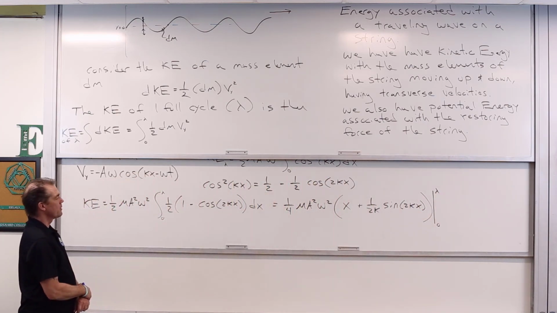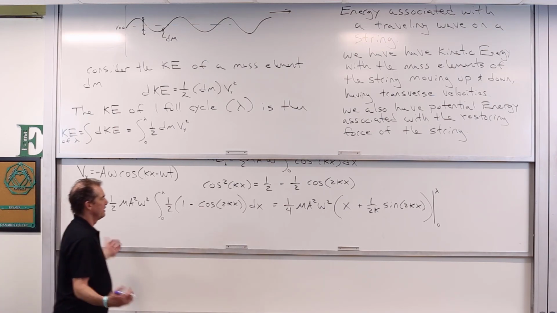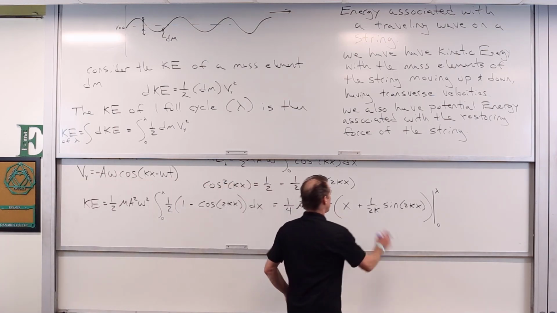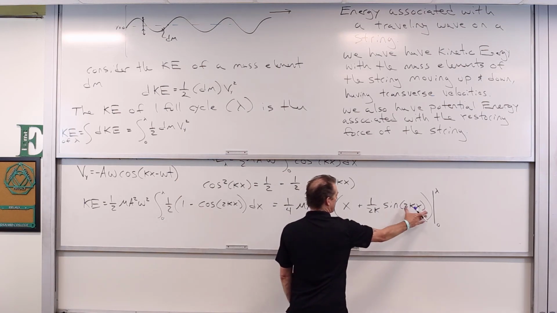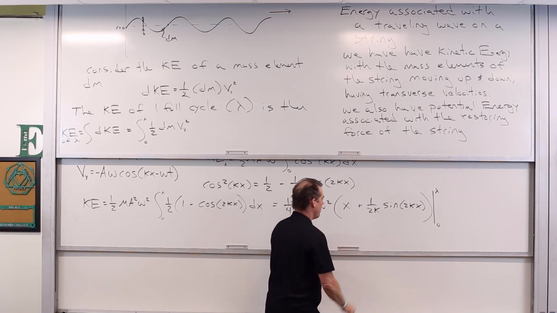There we go. So what can we do with this? We evaluate it, right? Well, the zeros give us 0. The sine of 0 is 0. X being 0 is 0. So we only have to worry about the lambdas here.